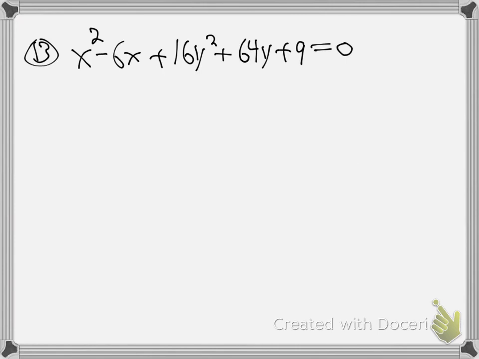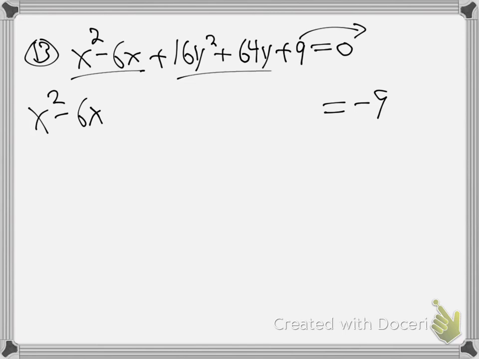So here we go. First off, we got the x stuff and we got the y stuff. Let's just jump that 9, get him out of the way. He's negative 9. So we have the x stuff, leave a blank. The y, you have to factor out the 16. We good to there?